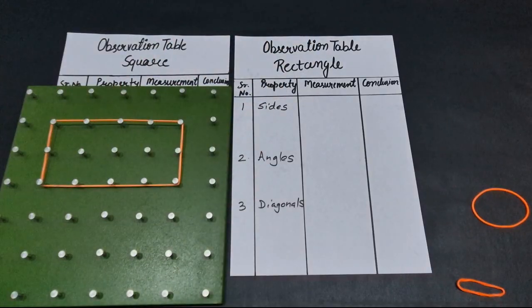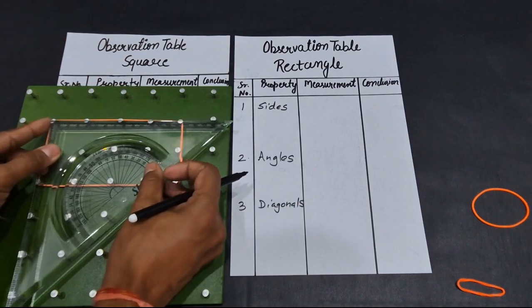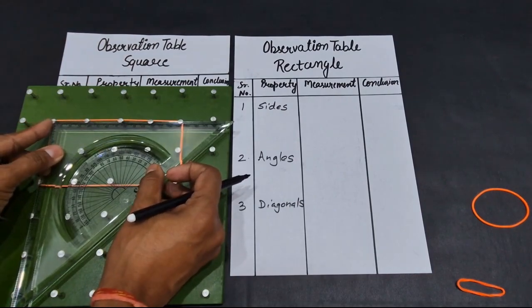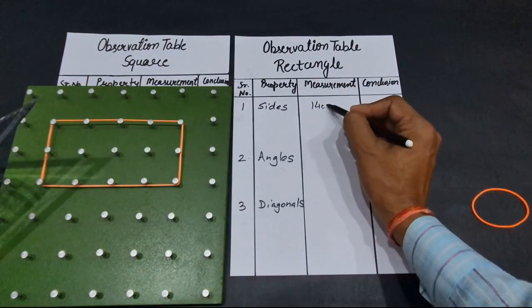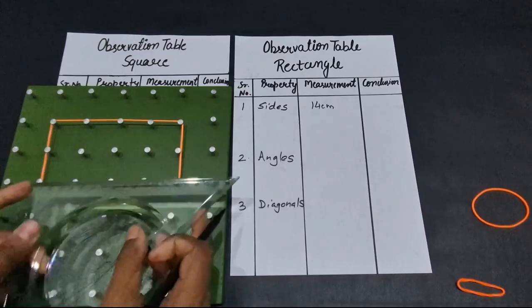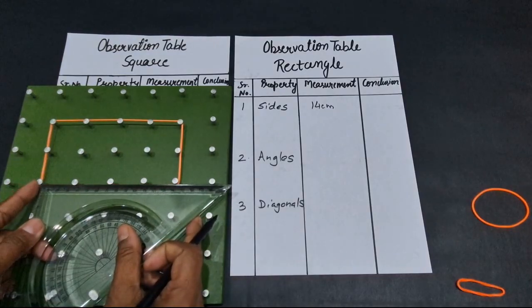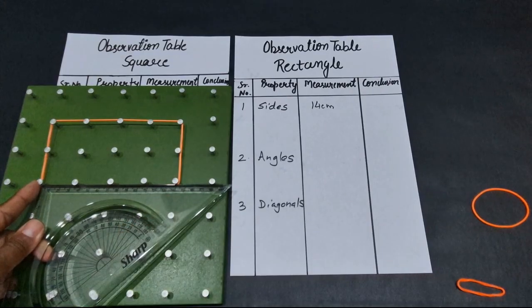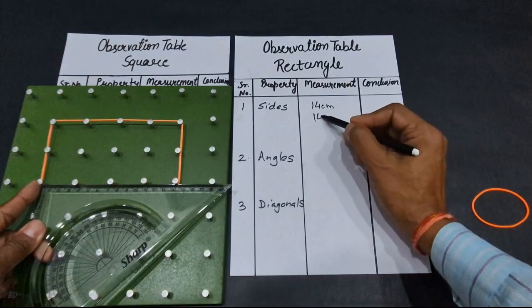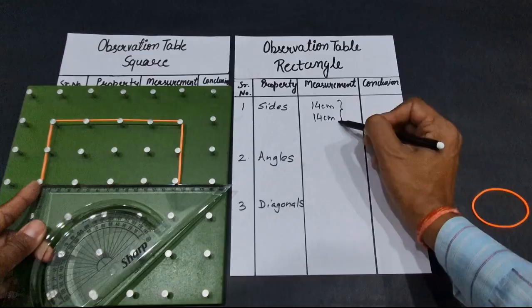So when you see the sides, this side I measured before also, this is 14 centimeters. So one of the side length is 14 centimeters, and when I measure the opposite side, this is also 14 centimeters. As you can see here, this is 14 centimeters. So what do we infer from this? The opposite sides are of equal length.